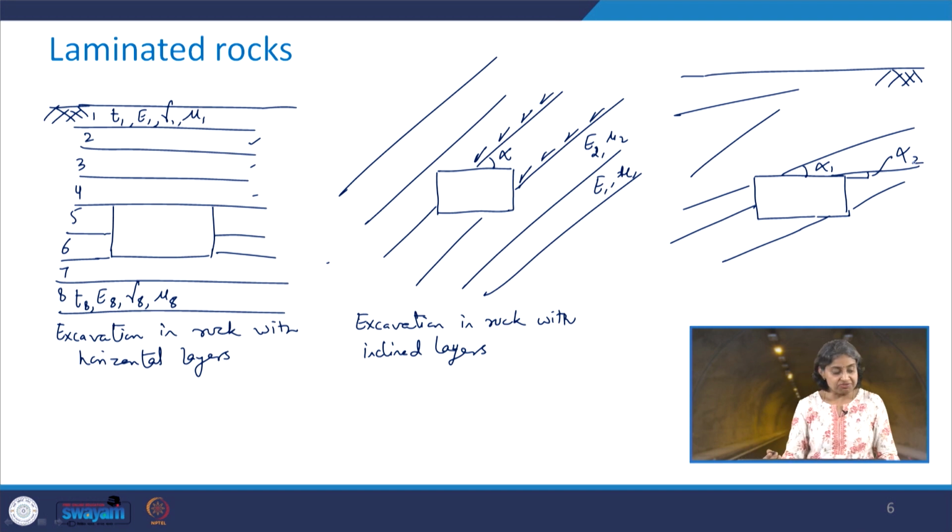So, this type of situation can also be there in the field. So, what we are going to see is that different types of situations are there, and of course, as I mentioned, the stability of the excavation becomes a function of the orientation of these joint planes with respect to the orientation of the excavation itself.